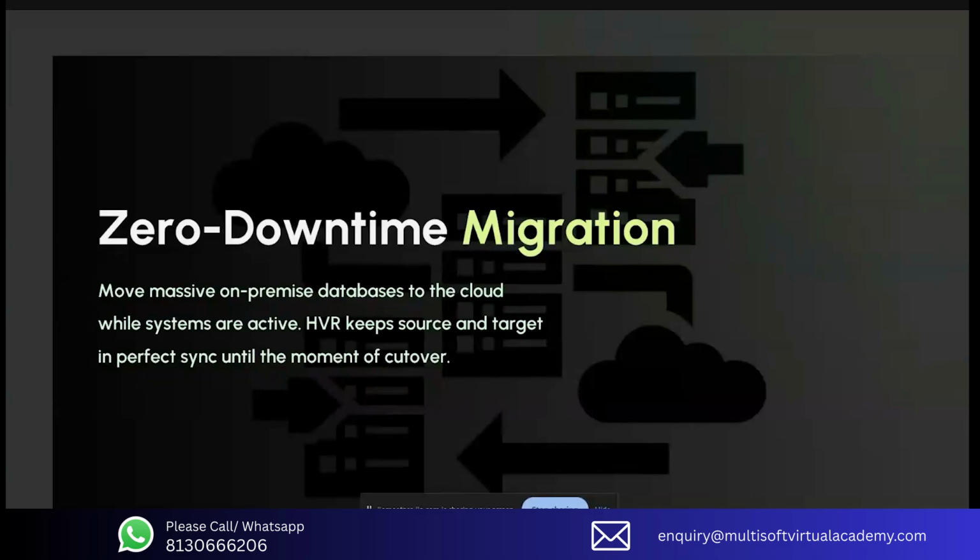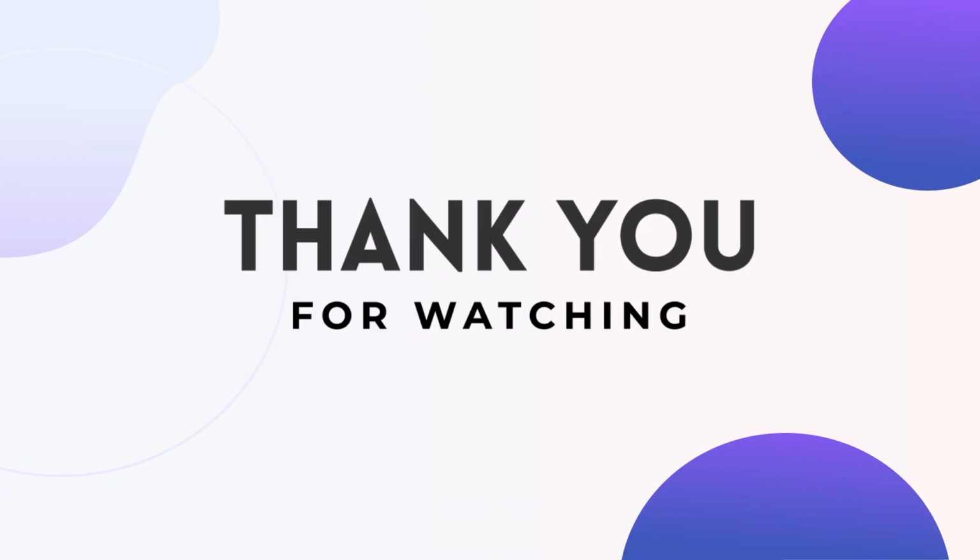So with HVR, you can parallelly set up your replications from your old on-prem database to your new cloud-based databases, and HVR will keep them perfectly synchronized in real time, while the other replications or other platforms are running in the backend. That's what this slide wants to convey.